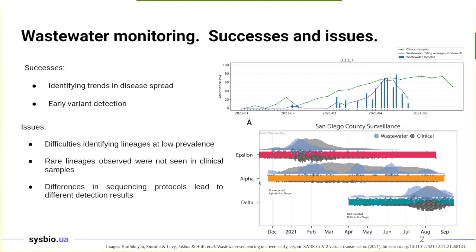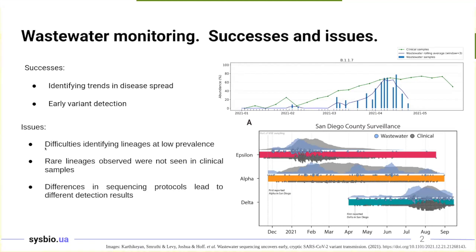And for alpha and delta, we can see that actually in wastewater, the lineage was detected earlier than in clinical studies, about half a month earlier. So that's great. So we have early variant detection as a success and trend identification, but we have certain issues.